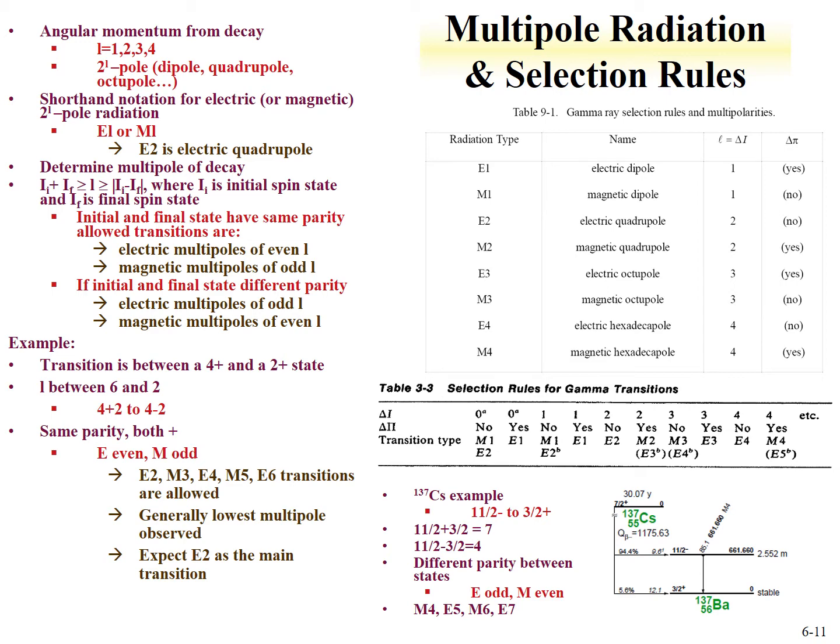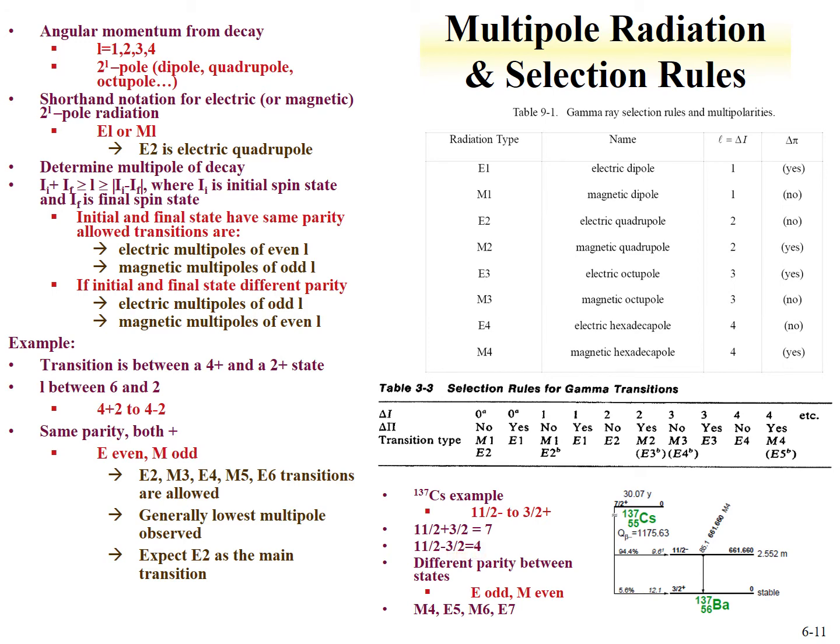Now we can look at another example, cesium-137. We can pull this out of the table of the isotopes. The cesium-137 gamma decay goes from the 11/2 minus state to the 3/2 plus. So 11/2 plus 3/2 is 7. 11/2 minus 3/2 is 4.